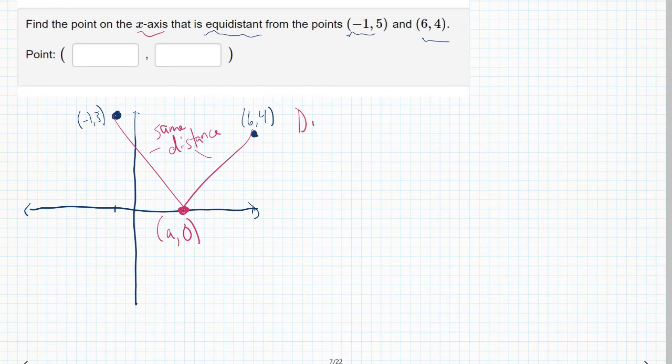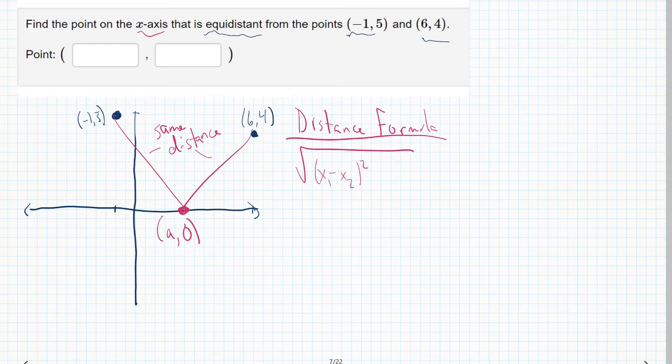Well, the distance formula is given by the square root of x1 minus x2, the quantity squared, plus y1 minus y2, the quantity squared, equals the distance from x1, y1 to x2, y2.